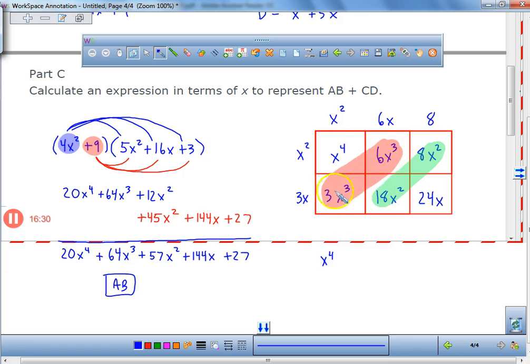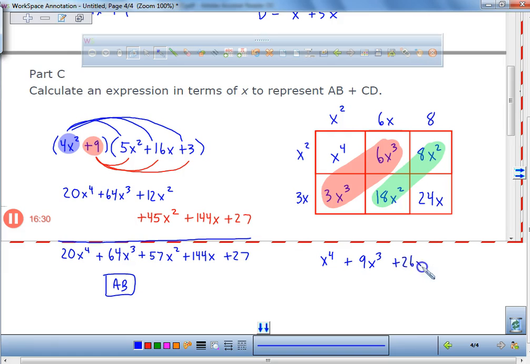How many x cubes do we have? 3 and 6 make 9. 18 and 8 make 26. And then what do we have at the end? 24x. And so what does this represent? C times D.